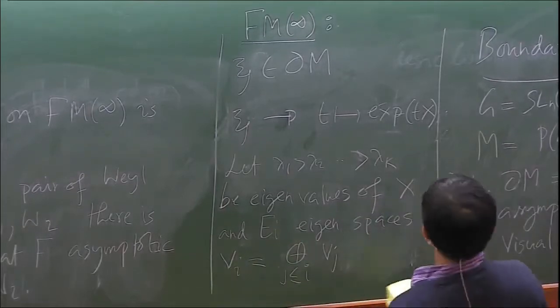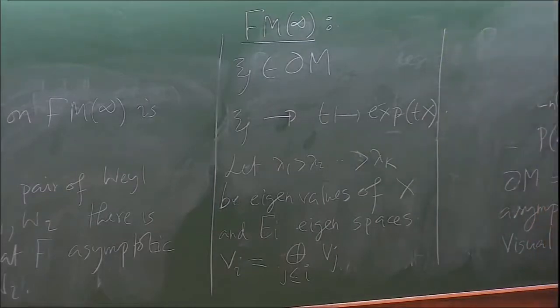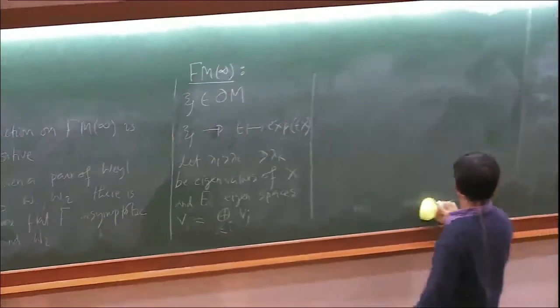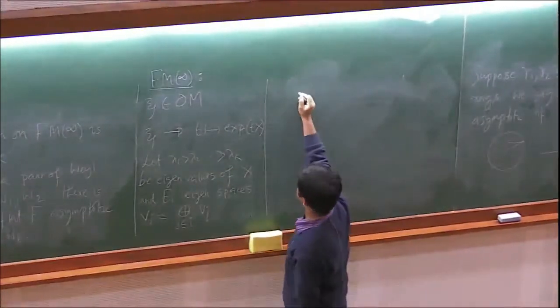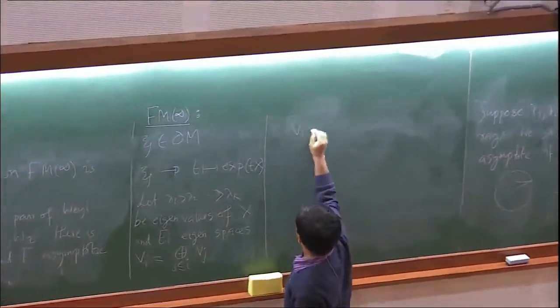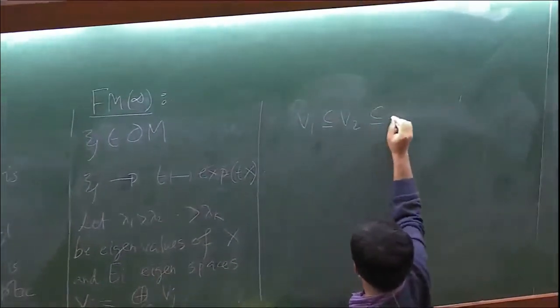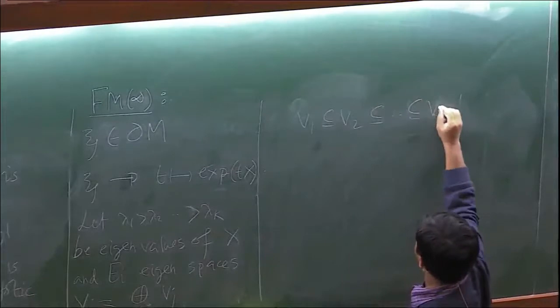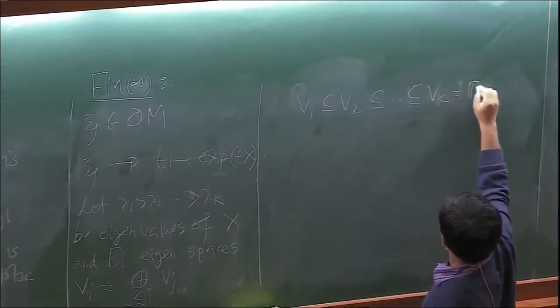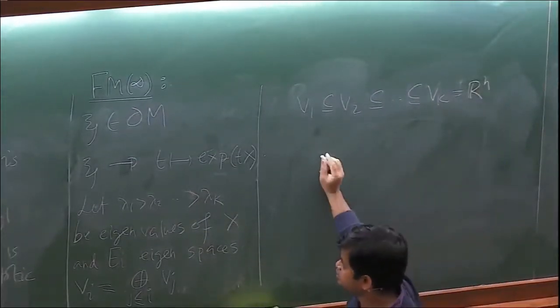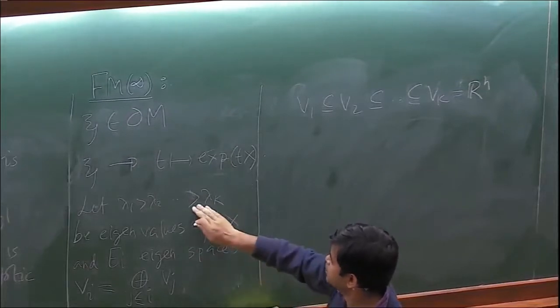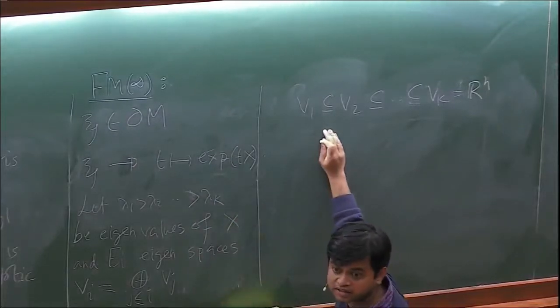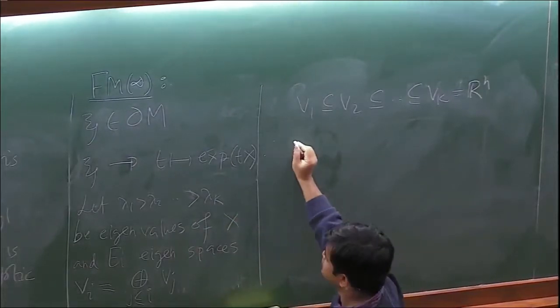Then this gives me what is called a flag inside R^n. V1 contained inside V2, and so on, up to Vk, which will be R^n. This is a flag. So for every point I have a set of eigenvalues and some flag like this.